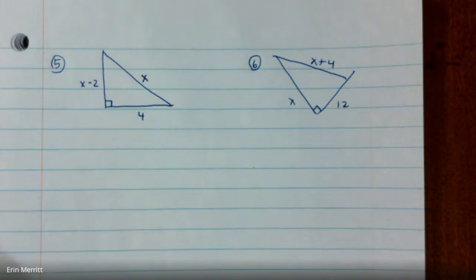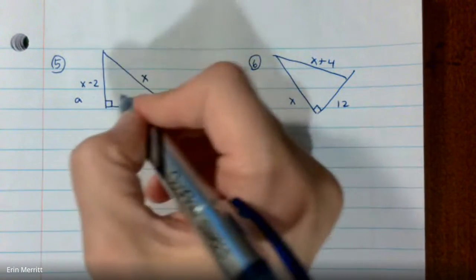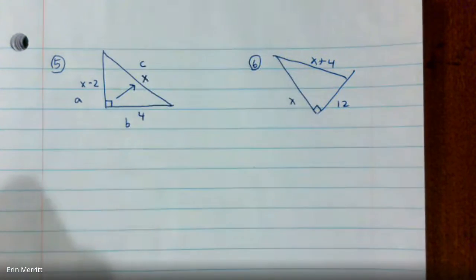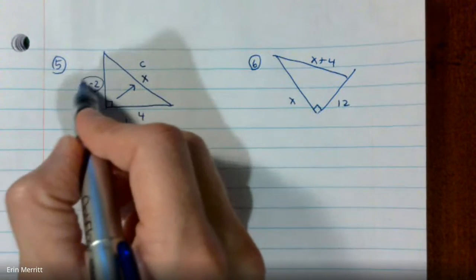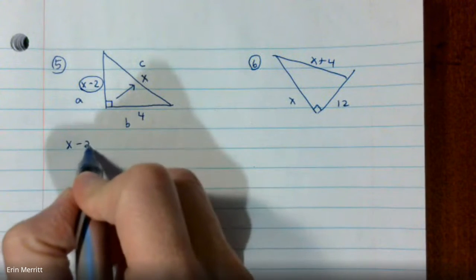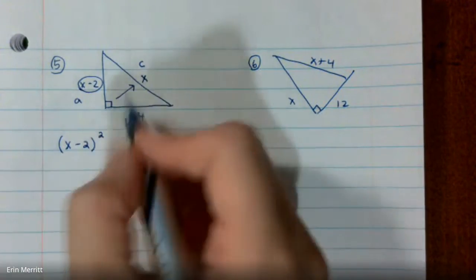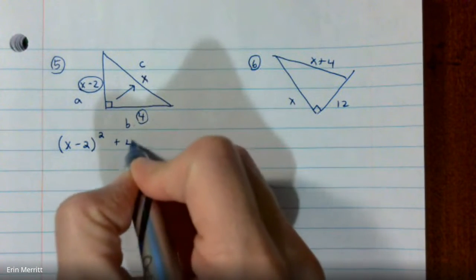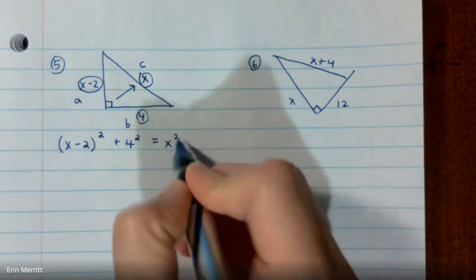So let's label it with A, B, and C. The legs need to be my A and B, the hypotenuse, the C. Okay, if we plug in, make sure A squared, I need to put that in parentheses and square it, plus B squared equals C squared.